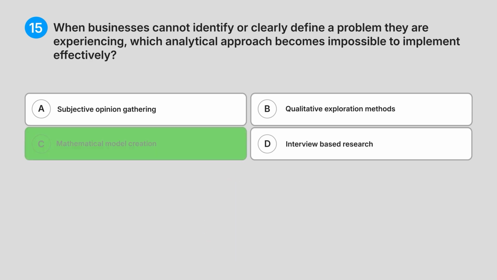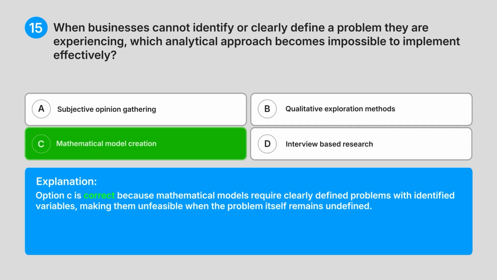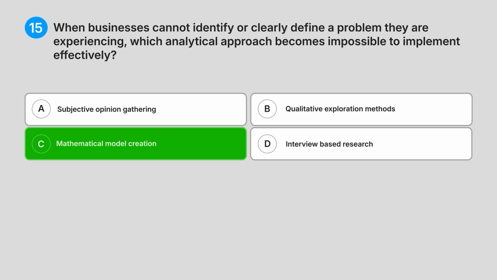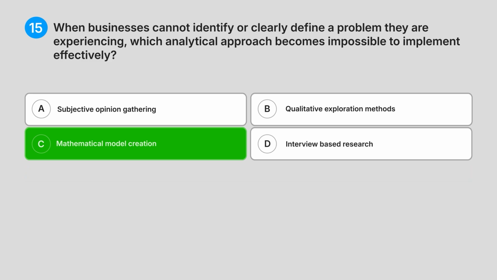Correct answer: C. Mathematical model creation. Explanation. Option C is correct because mathematical models require clearly defined problems with identified variables, making them unfeasible when the problem itself remains undefined. Option A is incorrect because subjective opinions can be gathered even when problems aren't clearly defined or fully understood yet.